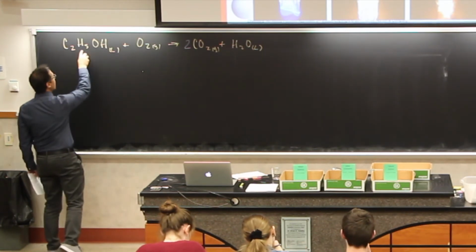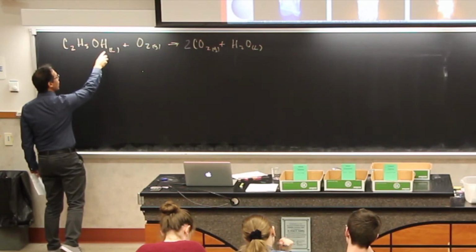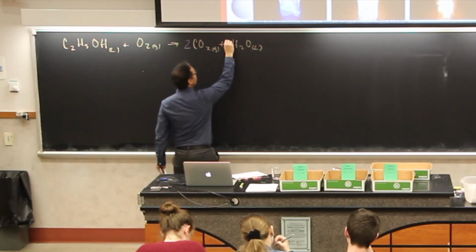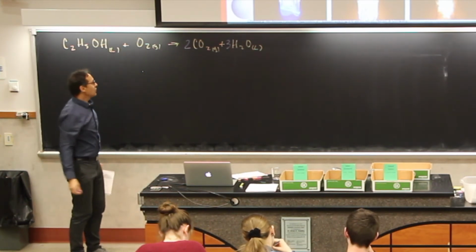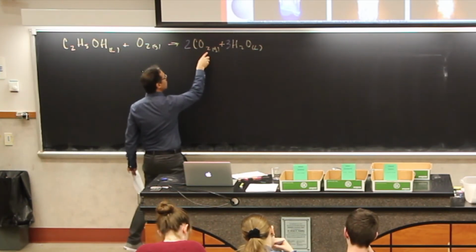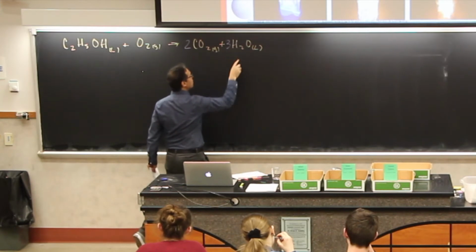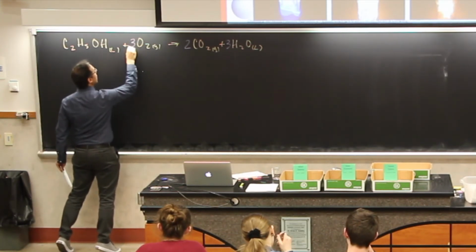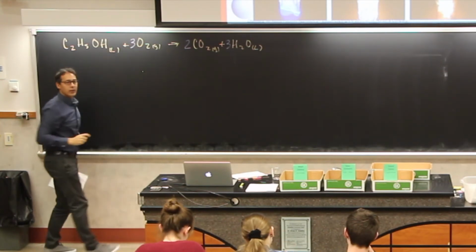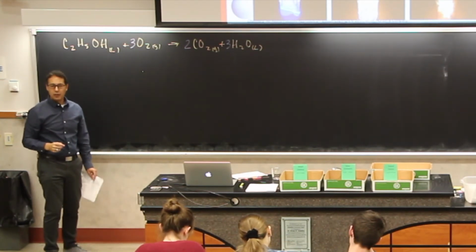I've got 5 plus 1 is 6 hydrogens. So I'll put a 3 here. 3 times 2 is 6. And then if I add up my oxygens, I've got 2 times 2 is 4 oxygens, plus 3 is 7. So if I put a 3 here, that's 6 plus 1 is 7. I think we're good.